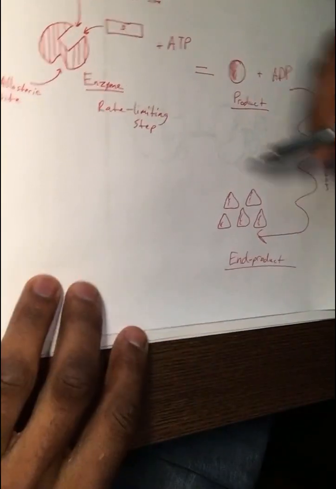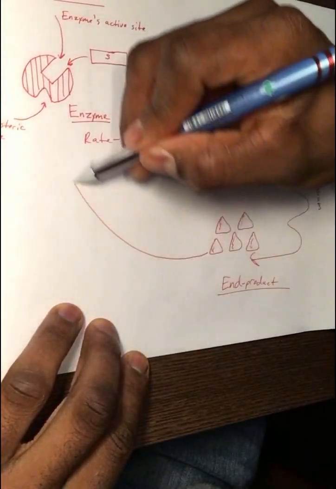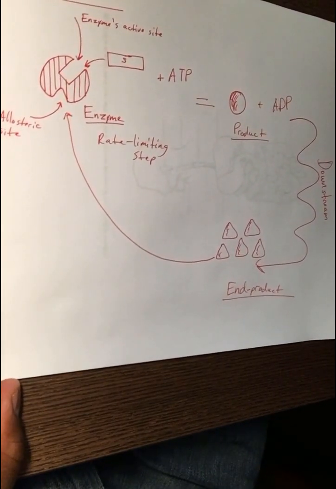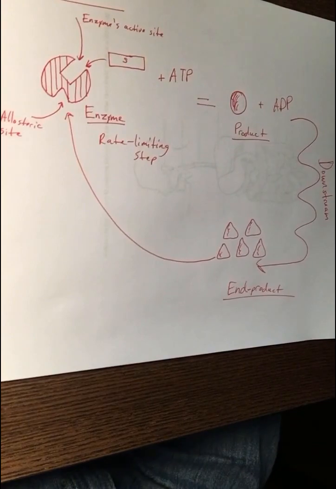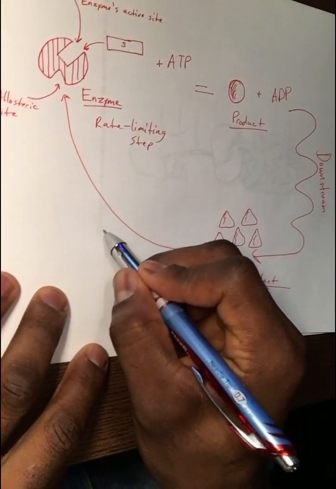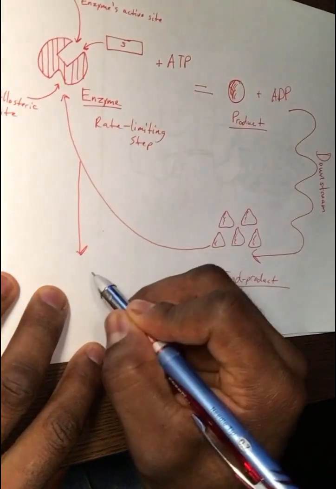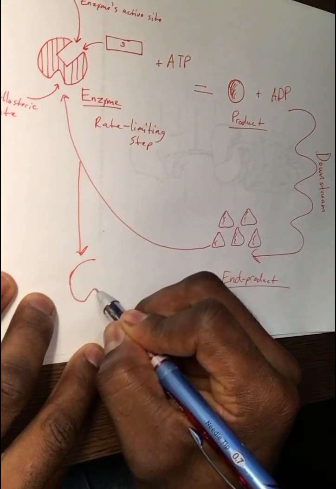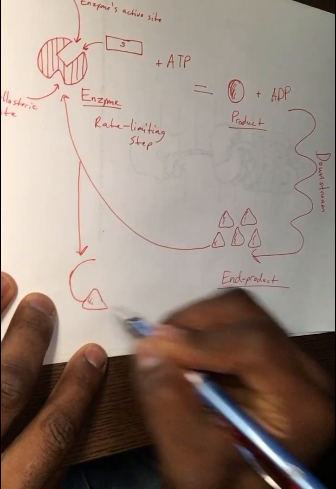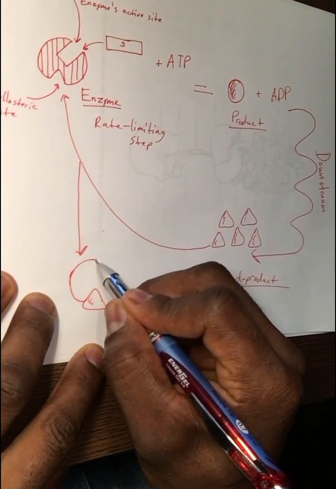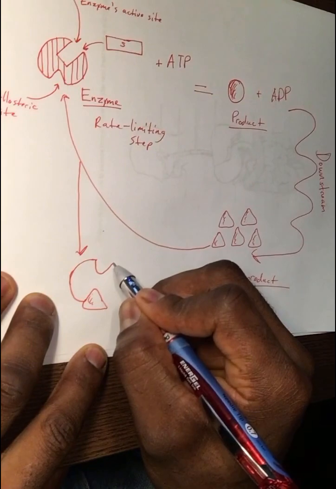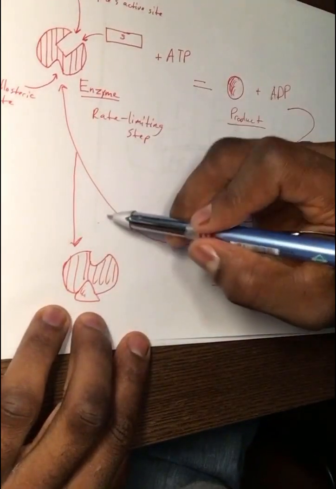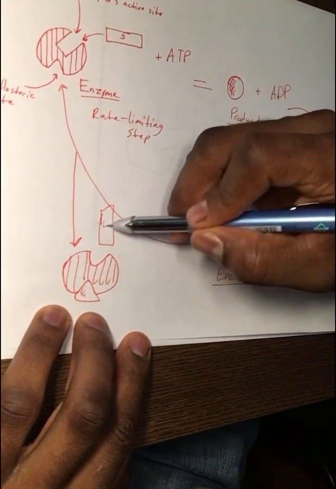So what we'll do is bind to this allosteric site on this first rate limiting enzyme. And as a result, let's just say for learning purposes, that this leads to a conformational shape change of this enzyme, such that its active site changes its shape and thus has much difficulty in reacting with its original substrate.